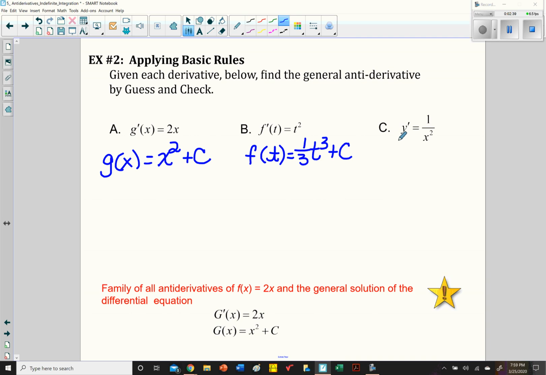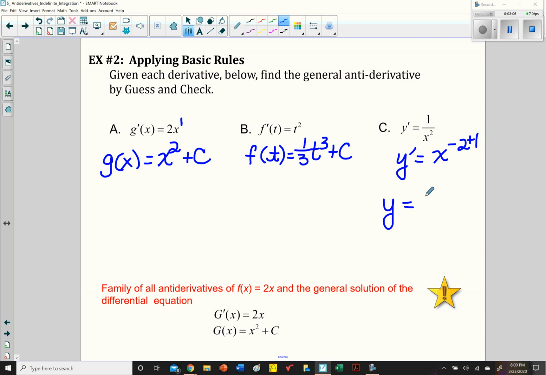In this case, y prime is 1 over x squared. So if you think about y prime as x to the -2, we want to figure out how we can get to y. With a little investigating, we could add 1 to this, because in the previous case we had power 1. We added 1 to that, and then divided by 2.